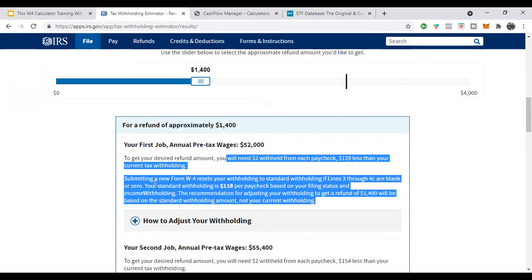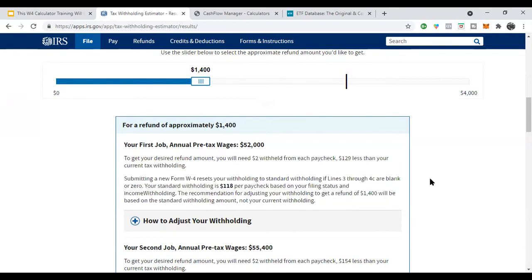If lines 3 through 4C are blank, your standard withholding is $118 per paycheck based on your filing status and income. The recommendation for adjusting your withholdings to get a refund of $1,400 will be based on the standard withholding amount, not your current withholding, okay?